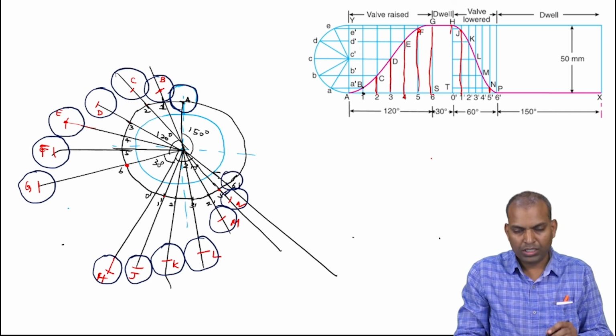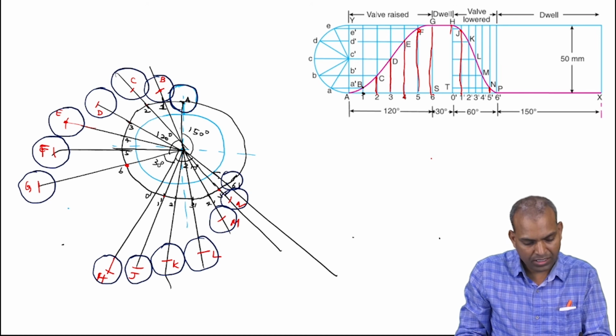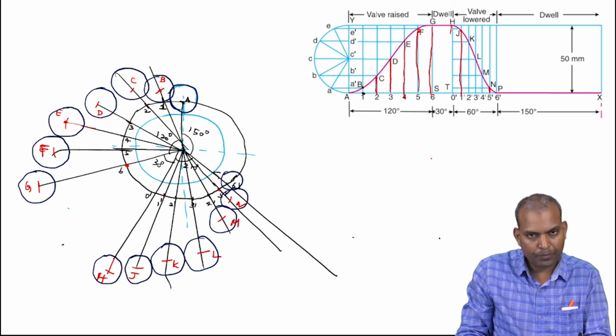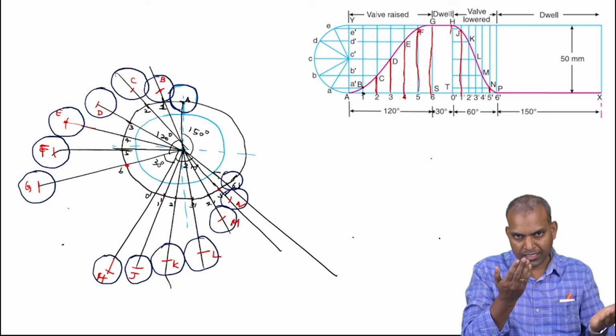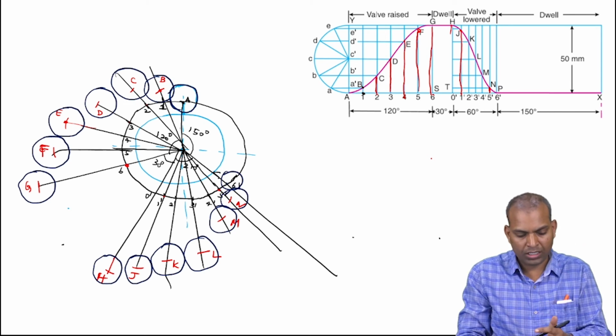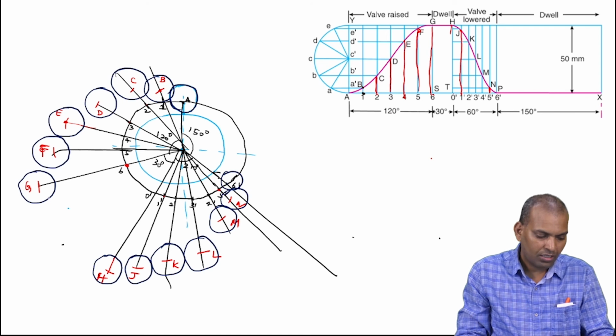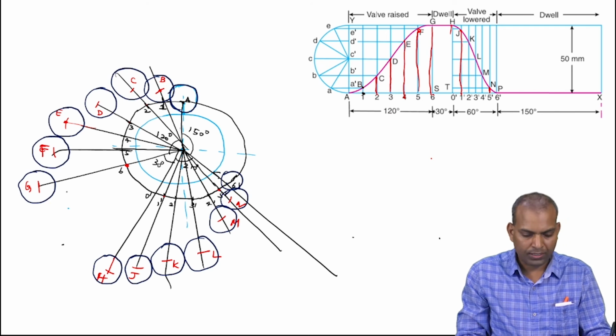Now, this roller surface is touching the base circle. So the surface of the roller is in touch with the surface of the cam.